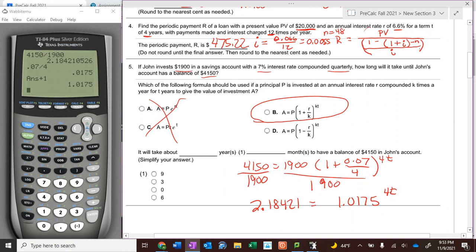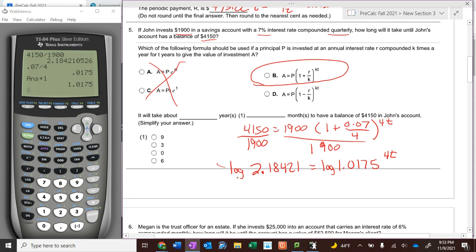I've got to get that power out of there, so I'm going to take the log of each side. What that does is puts that 4t out front by the laws of logarithms that we did the other day. Then we're going to divide both sides by 4, and divide by the log of 1.0175 to get t alone.